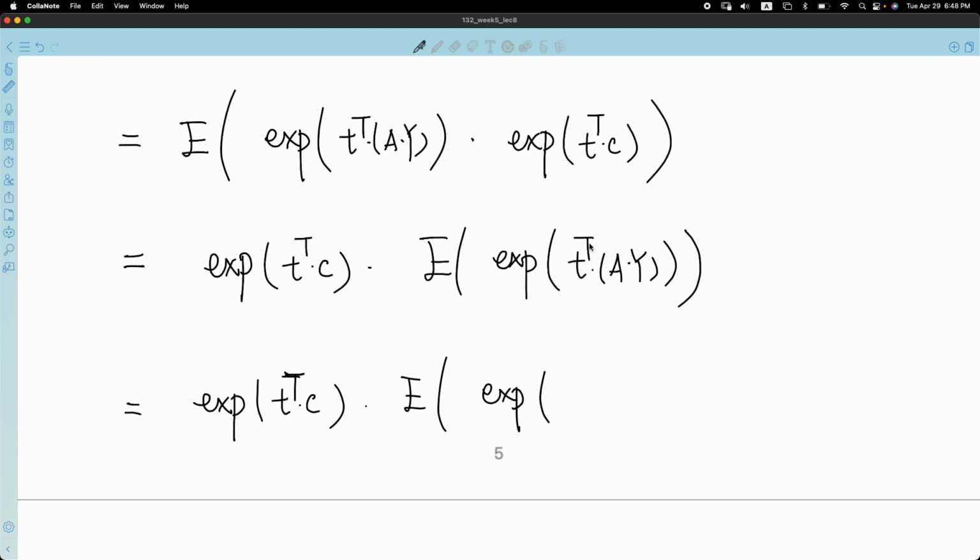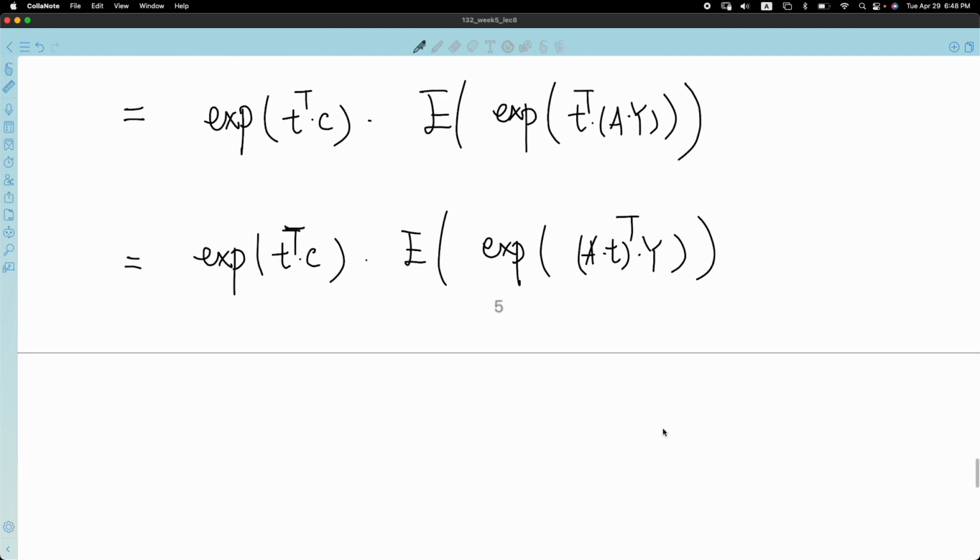When you group these two together and you still want the transpose, you need to change the order, so A multiplied by t, transpose, multiplied by Y. What I'm doing is grouping A and t together and leaving Y as a single term, and the reason is that we know the moment generating function for Y. Now we can call this part t star.